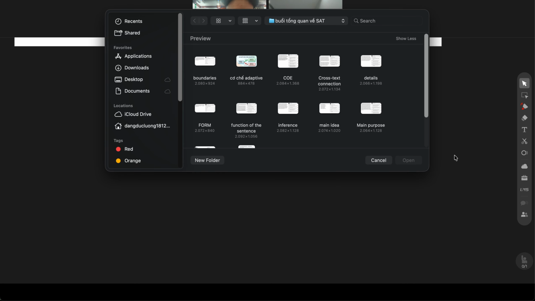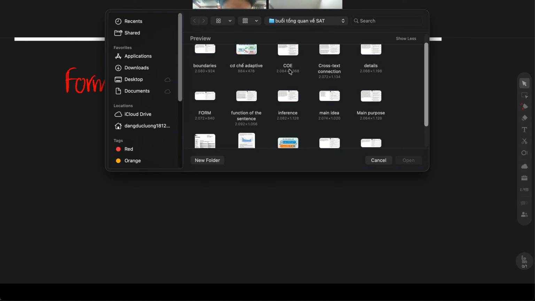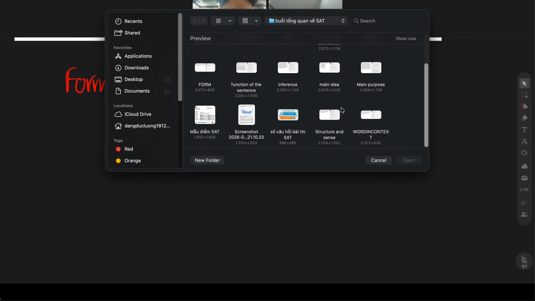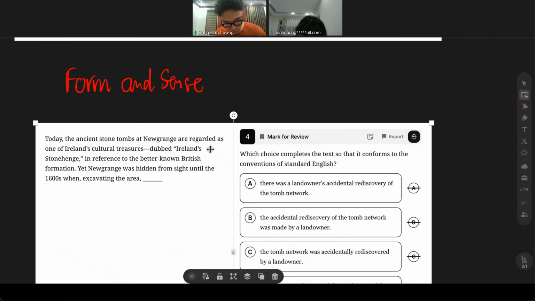And also they will test you on form and sense. I mean structure. It should be structure.